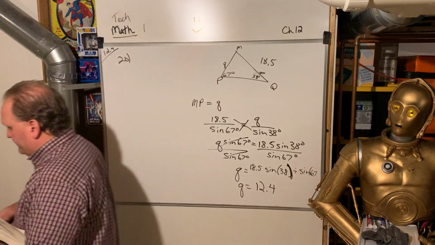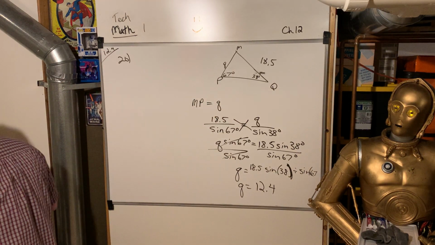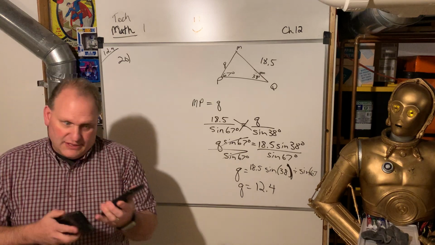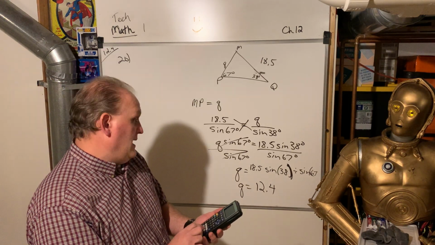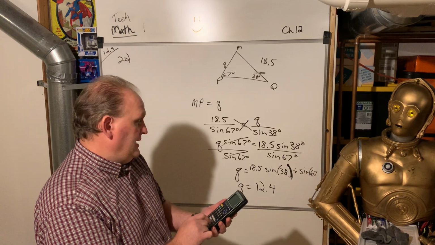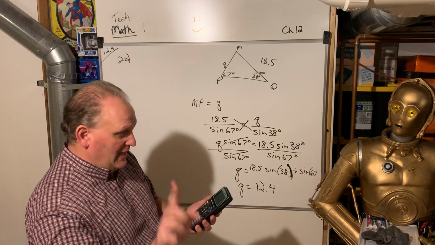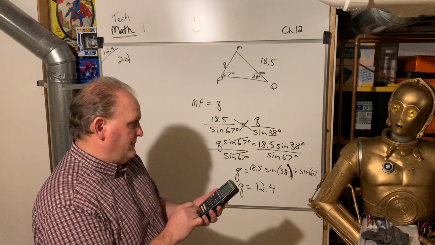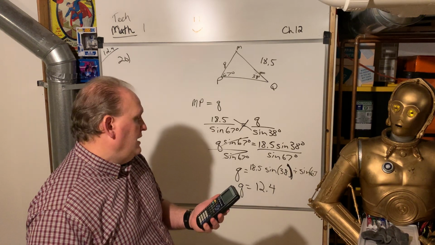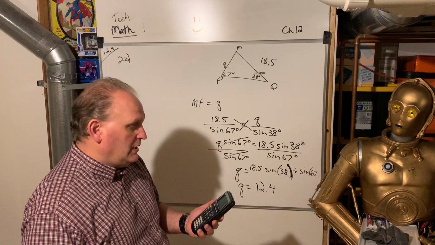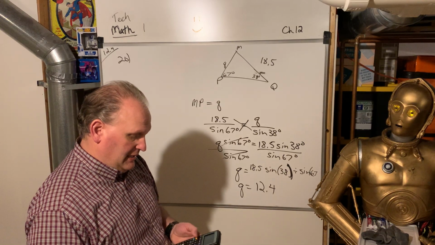And here, we'll do it in the calculator without that parenthesis. If you have that, then you know you forgot that. 18.5 sine 38, and I'm not doing the end parenthesis, divided by sine 67, and then I hit enter. If you got 12.2, you forgot that end parenthesis.